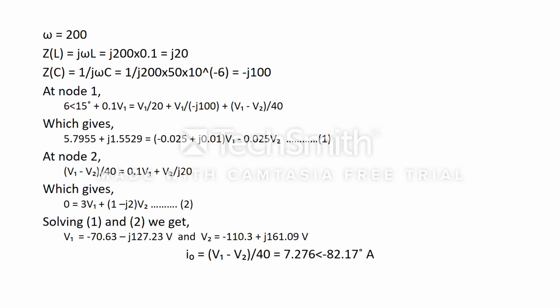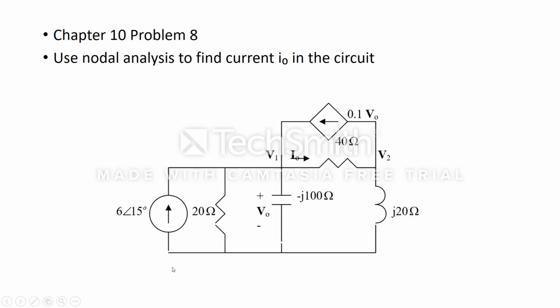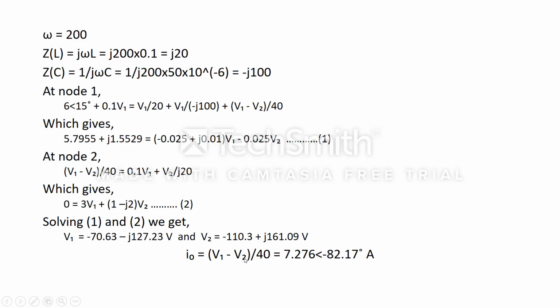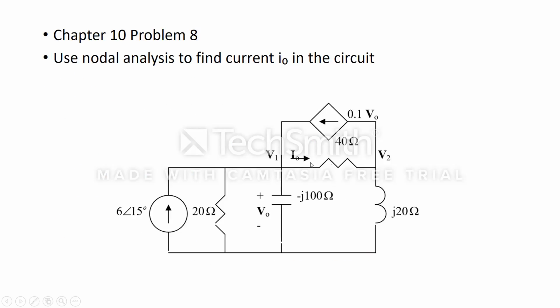So we can just substitute these values and find I naught, that is I naught equals (V1 minus V2) by 40. I naught is the current flowing over here, and by applying Ohm's law, that is the potential difference across this branch divided by the resistance in this branch, gives us the current flowing through the branch.